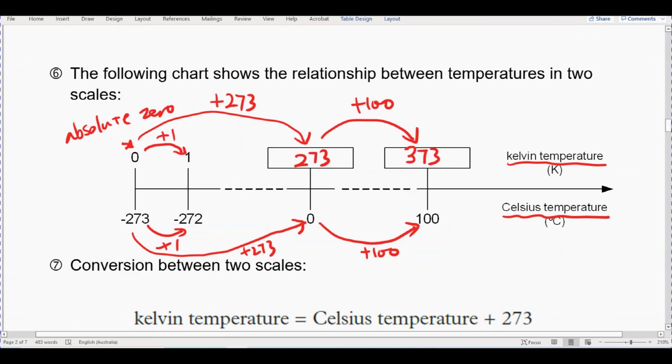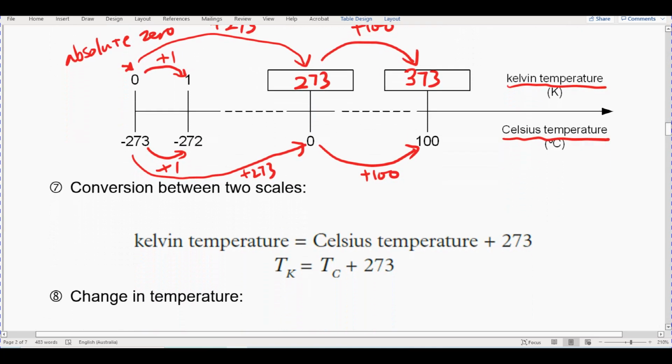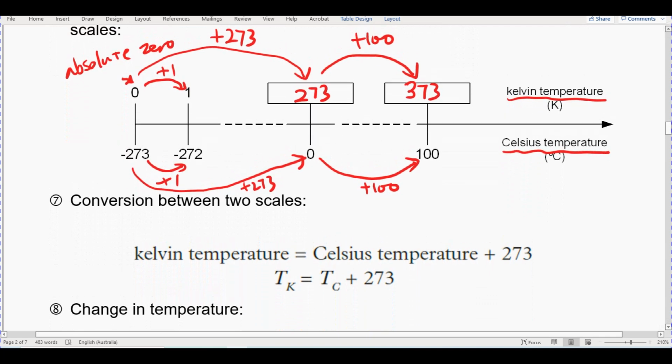So you see, for every Celsius temperature and its Kelvin counterpart, you just need to add 273, because the standard is that when the Celsius temperature is 0, the Kelvin is 273.